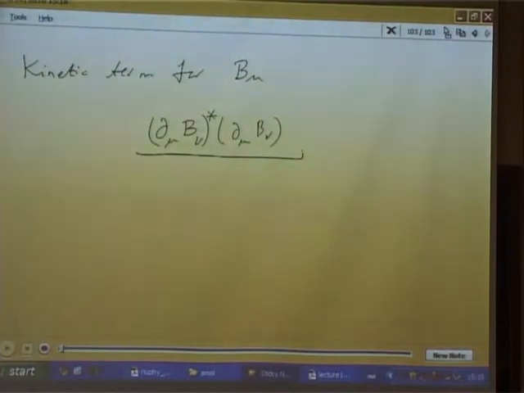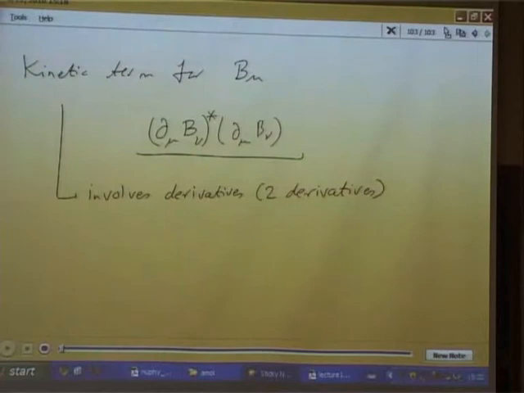So you want some terms that involve derivatives. So what is a kinetic term? Something that involves derivatives, and two derivatives for bosons, and should be invariant under this gauge transformation.